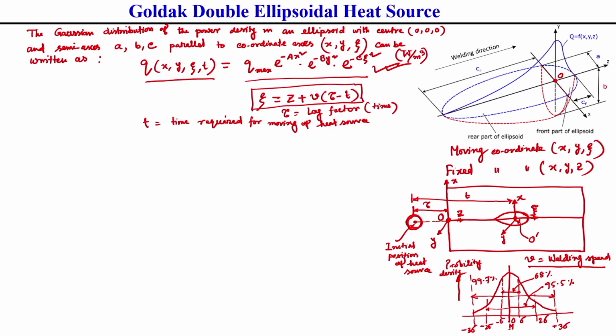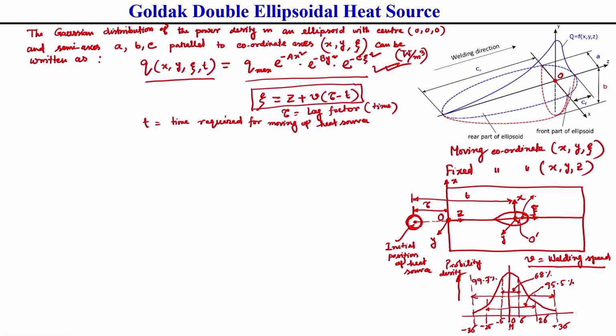Now, I am considering a point in the moving coordinate heat source. I am taking a different color, that will be better.